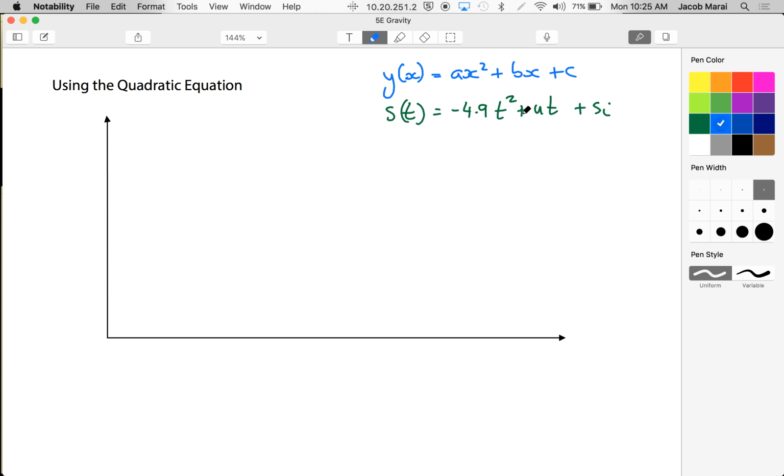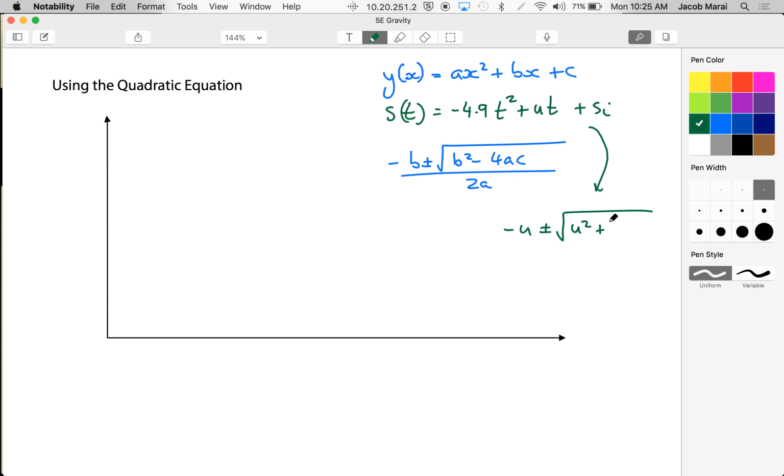Now, in maths talk, it's negative b plus or minus the square root of b squared minus 4ac all over 2a. And in physics talk, it's negative u plus or minus the square root of u squared plus 2as, sorry, let me try that again. Yeah, we'll leave it as that, plus 2as over gravity.